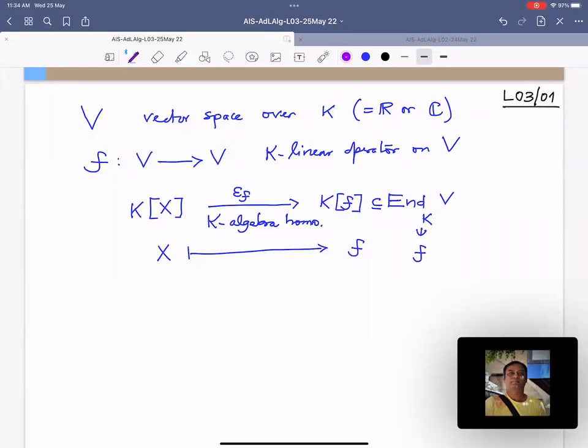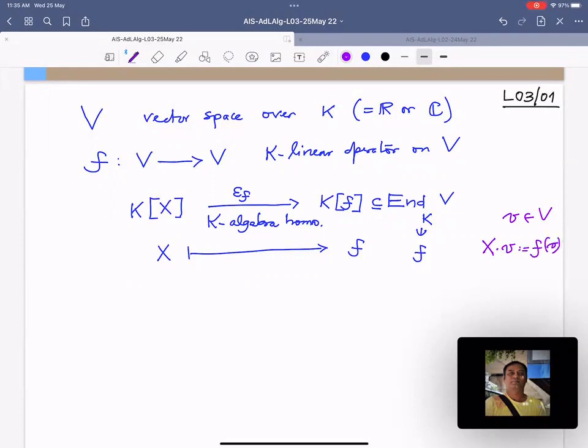So this map is surjective, and therefore it will give a K[x]-module structure on the vector space V, which is defined by F. That is, if you have any v in V, x times v is by definition F of v.